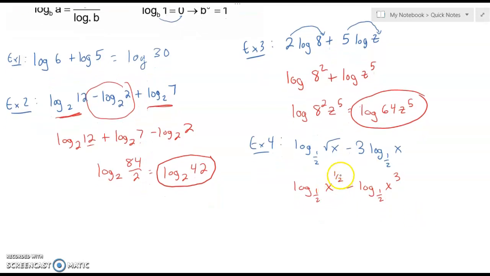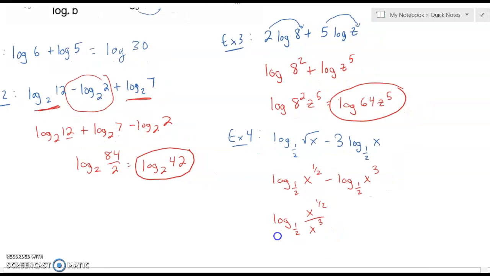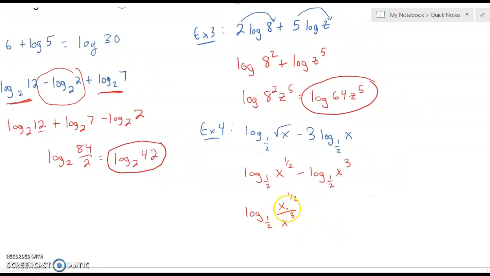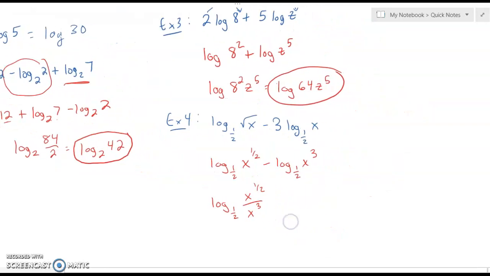The reason I wanted to turn that into a rational exponent is so that I could eventually do something with the 3 and the 1/2. I've got log base 1/2 of x to the 1/2 over x to the 3rd, which is not simplified. We can do a little bit more with this. So I'm going to try and simplify these down to make it a little bit easier.